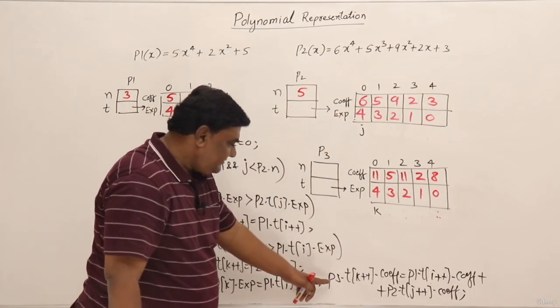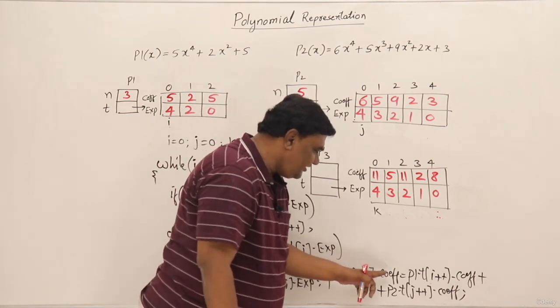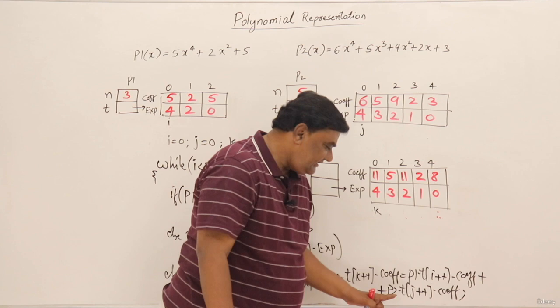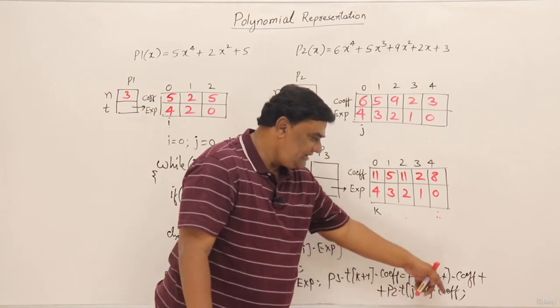So in P3's T of k's coefficient, I am adding the coefficients of P1 and P2. Two coefficients I am adding.